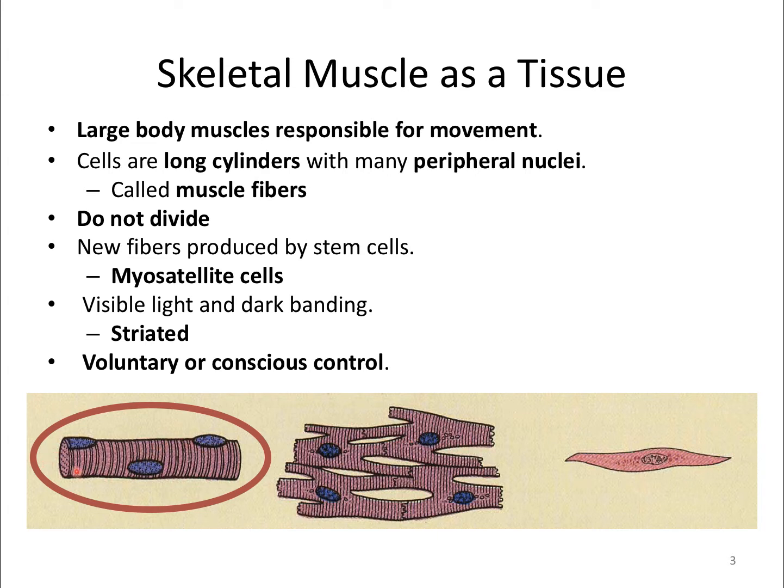So if I need a protein replaced at one end of a muscle cell and my nucleus is at the other end, it's going to take a lot more work to get the protein product of transcription and translation from the area near the nucleus to wherever it's supposed to go. So a way to solve that is just to have multiple nuclei situated at different lengths along the cell so that at any given point, if something needs to be replaced or dealt with, there is a nucleus nearby to deal with that.